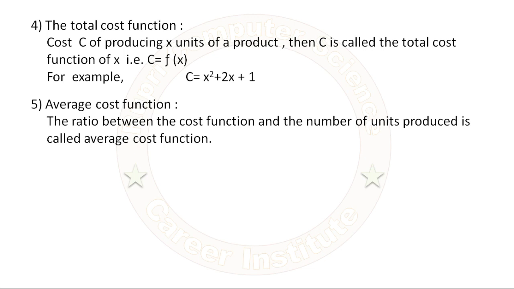The cost function is C and the number of units is x, then C divided by x. Therefore, average cost is AC, that is, AC is equal to C divided by x. This is your formula for the average cost function.